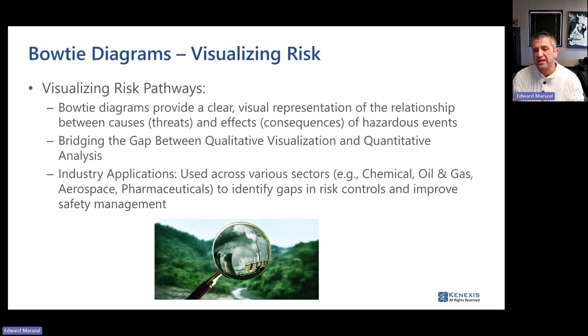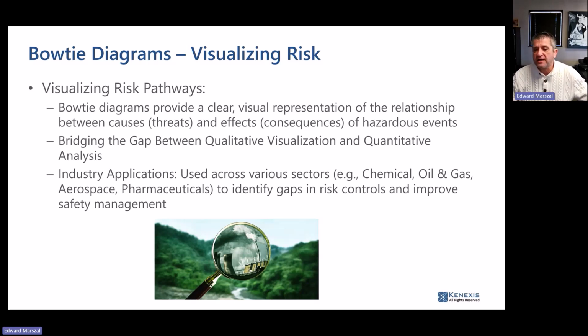So we're going to bridge the gap between a qualitative visualization and a fully quantitative analysis. So this is kind of furthering the overall Connexus message of a unified process hazards analysis, where you're going to be able to go fully quantitative through qualitative visualization, all in one framework.